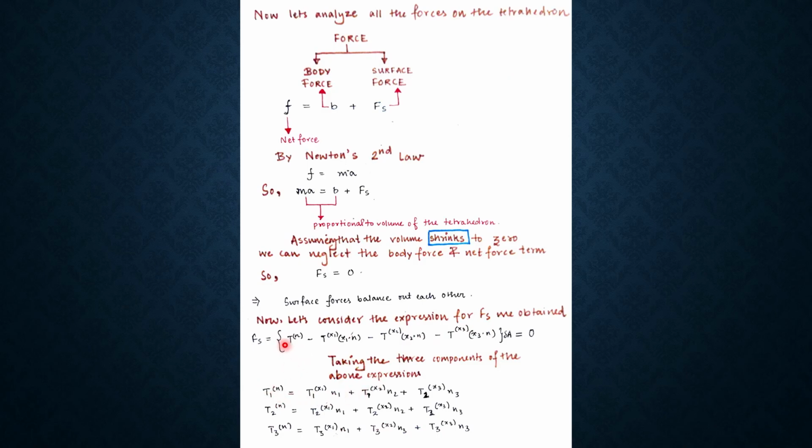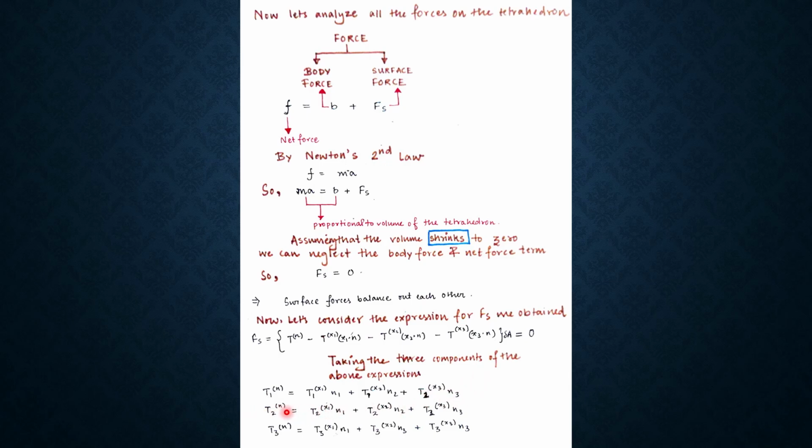And now we take components of this equation, and this is done in this way: t1 of n equals t1 of x1 n1, that is, x1 dot n is n1, plus t1 of x2 into n2, plus t1 of x3 into n3. This is not 2, this is 1, it is a writing mistake.